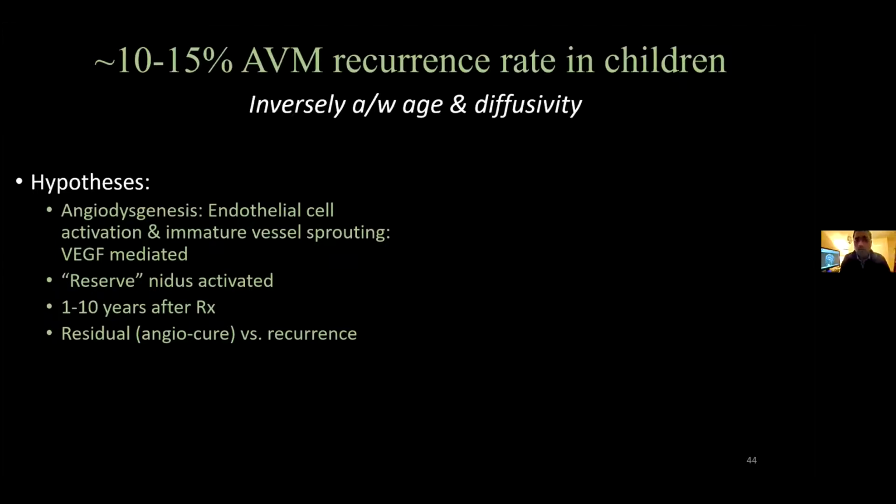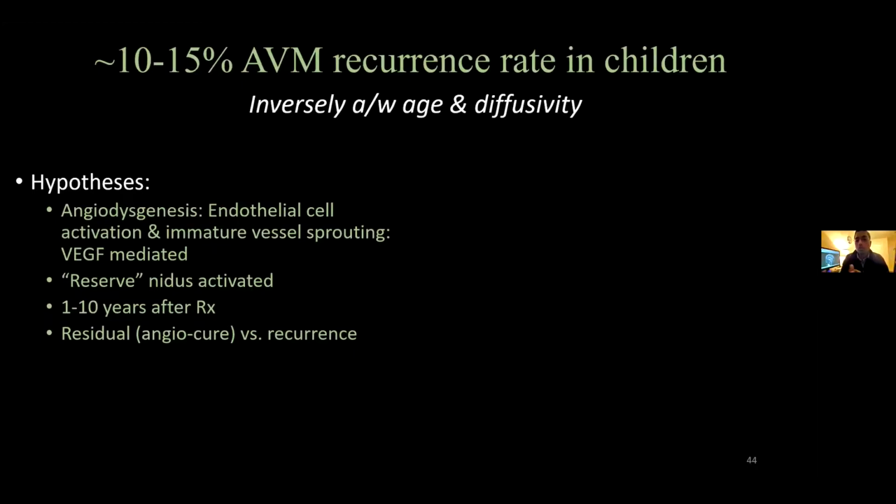Now, for the other patients who we treat, whether surgically, endovascularly, or with gamma knife, we have seen, and across the literature in children, a 10 to 15% recurrence rate, which is not recognized in adults. The reason for that is probably VEGF-mediated angiodysgenesis, because the endothelial cells are able to be activated and create immature vessels in children, which does not happen in adults.